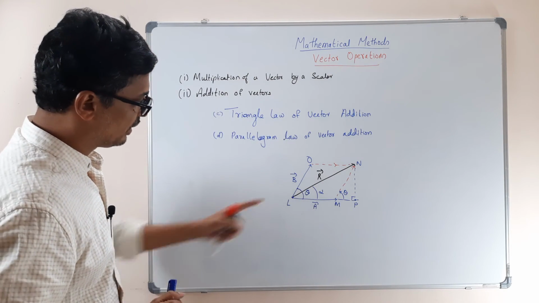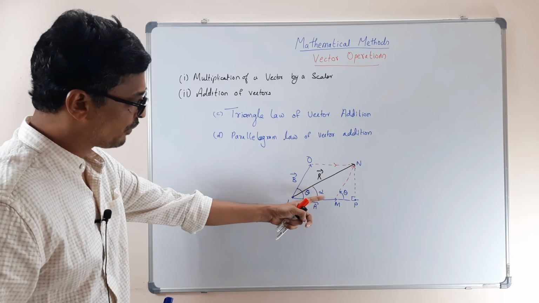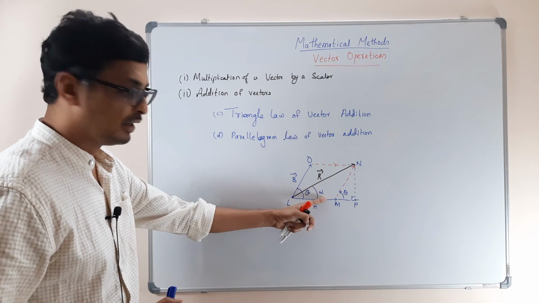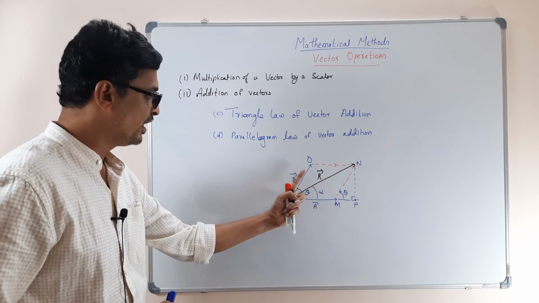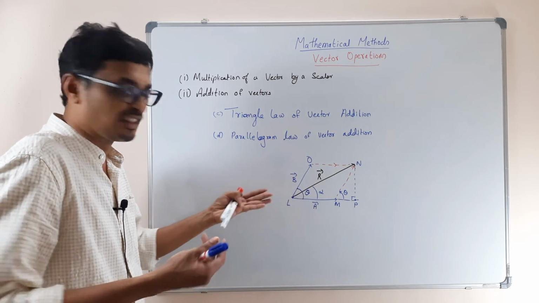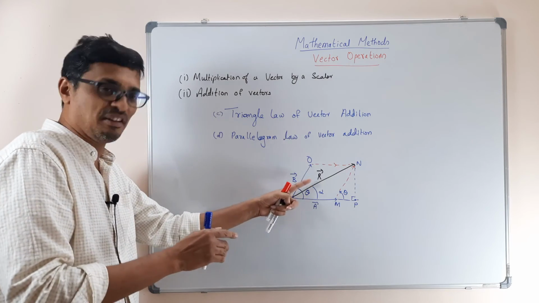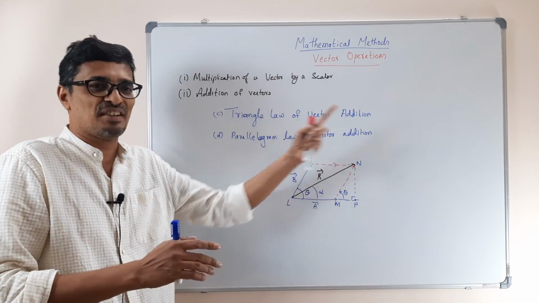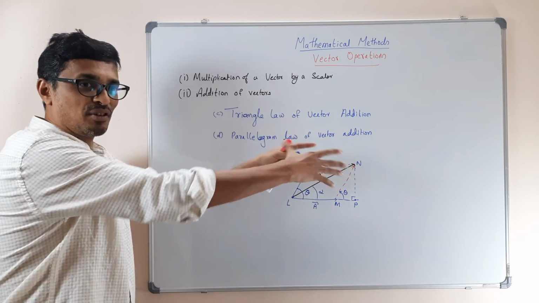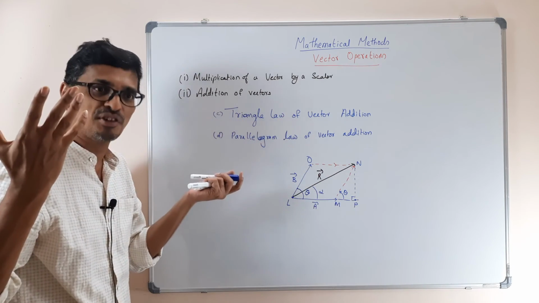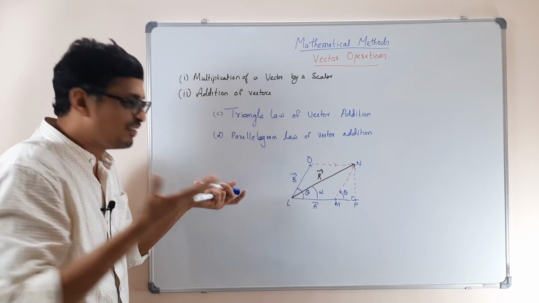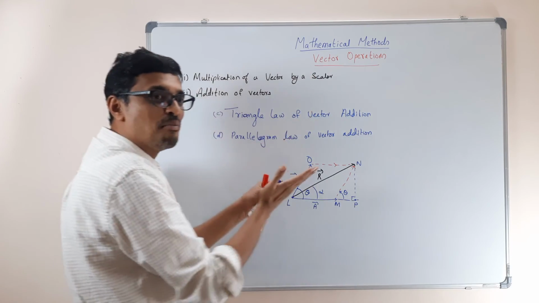If I am able to find alpha in terms of my original vectors A, B, and theta, that gives me the resultant angle alpha, and I know the direction of the resultant vector also. In the earlier step we got the magnitude, and if you find alpha, that's all I want to know: in what direction it will go and with what magnitude.